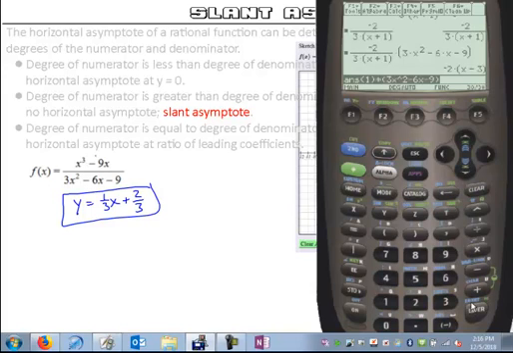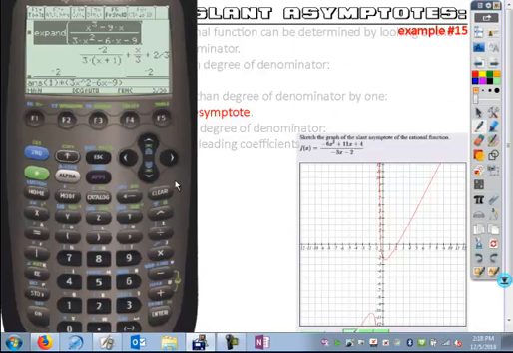So here is the remainder. The remainder is negative 2x plus 6. So you can do it that way if you want to. If it's more confusing than what you were already doing, just continue to do it by hand, but you can use the expand command on your calculator to do that.